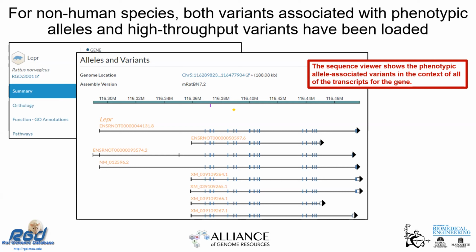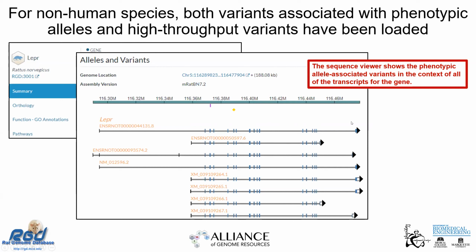And the sequence viewer, there's a sequence viewer that shows on the gene page that gives you the transcripts of the gene, and the sequence viewer shows only the phenotypic allele associated variants in the context of all of these transcripts of the gene. Because there's so many high throughput variants, if you put the high throughput variants on in this display, it would basically just be a line across it.